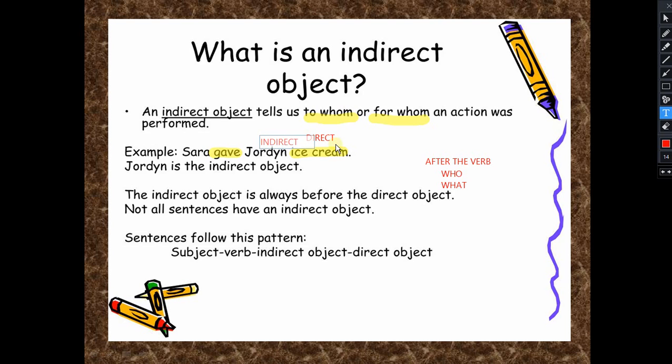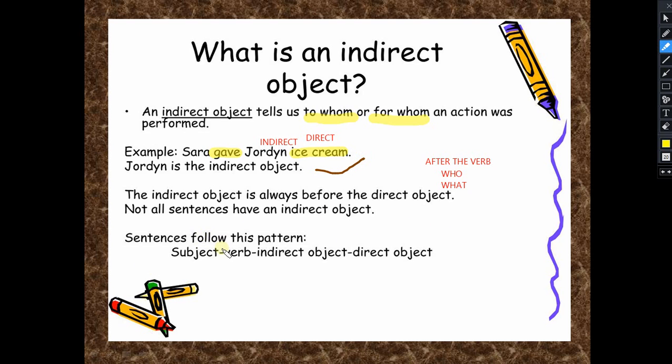It says you get the indirect before the direct. In this it is completely right, so we don't have any problem. But it is not compulsory all the time.